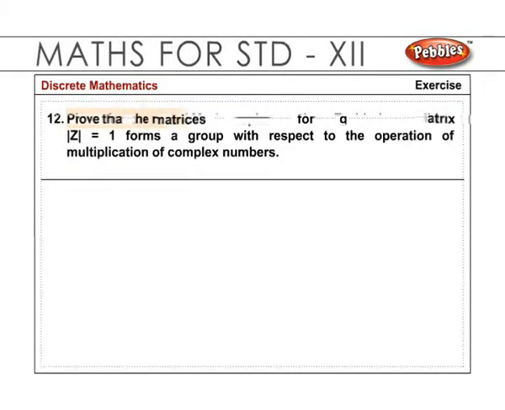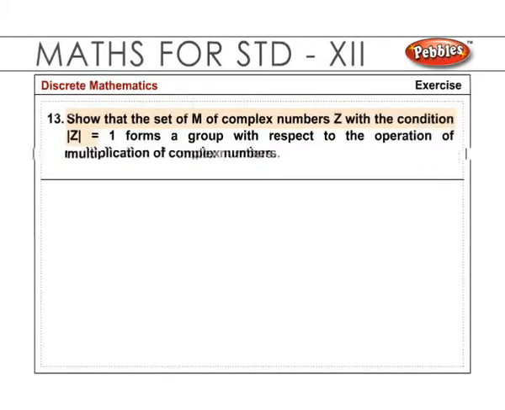Show that the set M of complex numbers z with the condition mod z is equal to 1 forms a group with respect to the operation of multiplication of complex numbers.